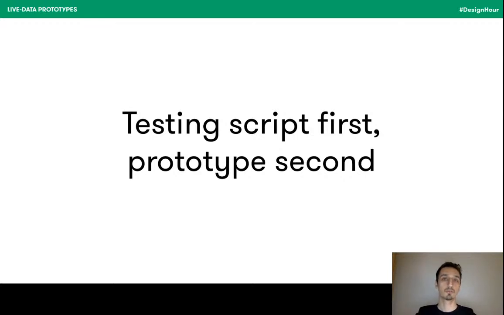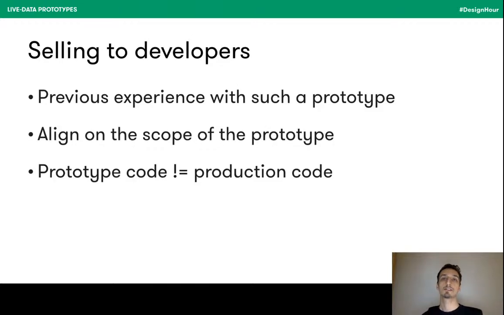So it was really crucial to have a good idea of what we really needed to prototype and what we could fake in the prototype and what not. So that we then went to a development team and we were trying to sell the idea to them of prototyping like this.